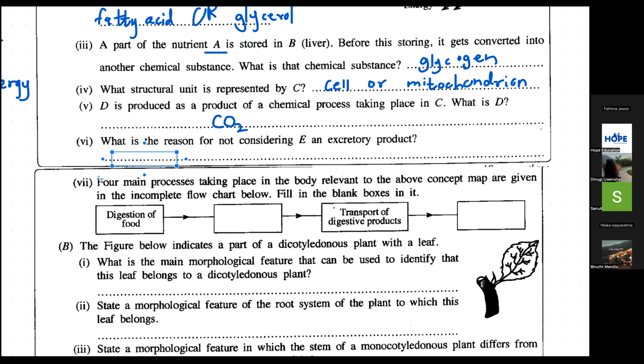You should write not a product of metabolism, or metabolic activity, or biochemical reaction, something like that. Metabolic activity, biochemical reaction or metabolism must be in your answer. Okay? That is the most correct way of writing the answer.